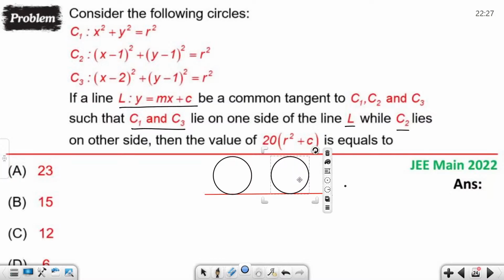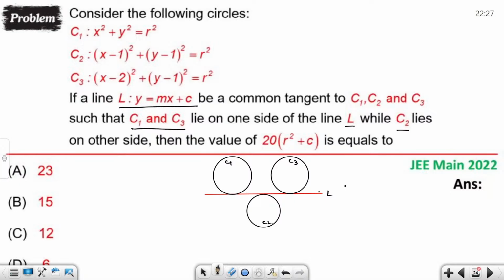That is, for C1 and C3, the tangent L is basically the direct common tangent, and the other circle, which is C2, is lying on the other side of this tangent. Clear? So in that case, this is our C1, this is our C3, and this is our C2.